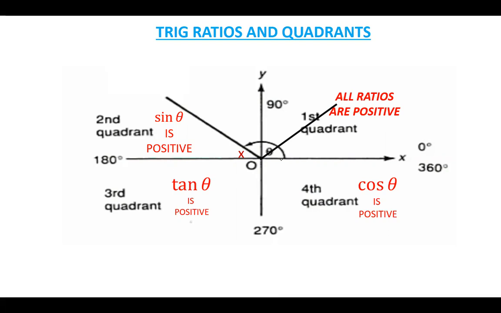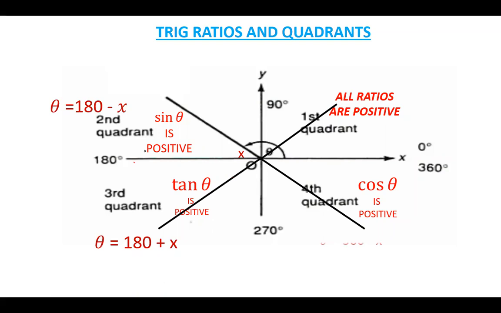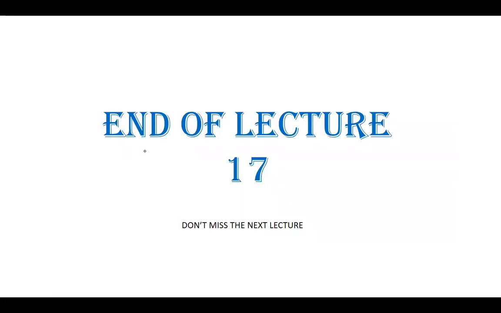So this is what I was talking about. We have 180 minus x, 180 plus x, then also 360 minus x. So this is what I had for today. I prepared it to be a short lesson so that at least you can have full knowledge about what we're going to start looking at.